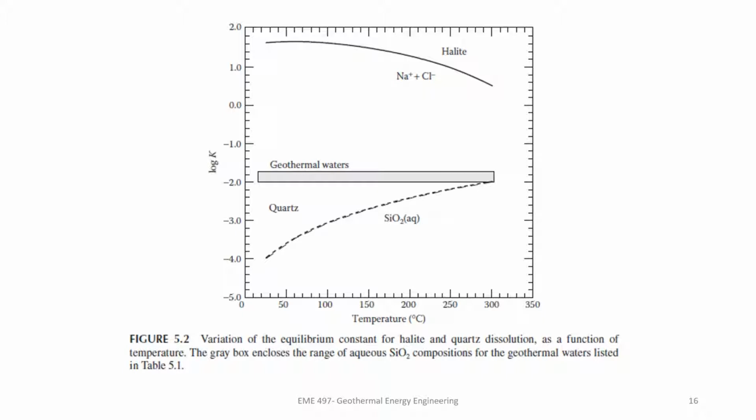Now, on the other hand, with the 10 grams of quartz added, we can see that the K value at 100 degrees Celsius for quartz is about 0.001. This translates to a total aqueous silicon dioxide concentration of about 0.06 grams at equilibrium, or approximately 60 parts per million.